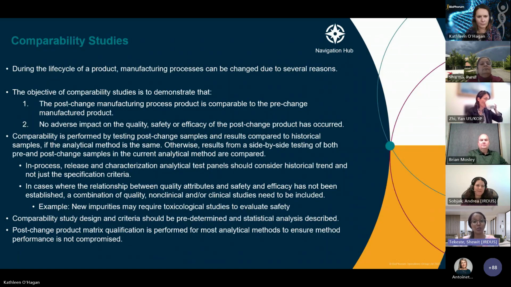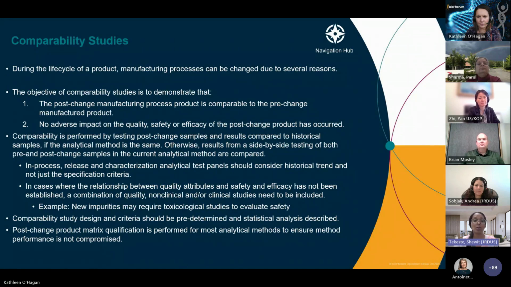Here you're faced with a situation where your manufacturing process has changed or been updated. The guidance requires comparability studies to demonstrate that your post-change product is comparable to your pre-change. And just as important, you need to show that there's no adverse impact on the quality or safety of your product.